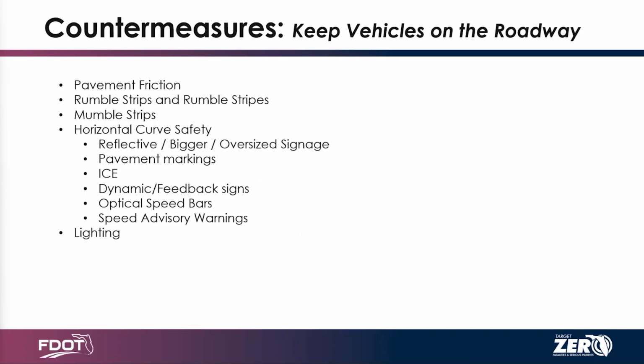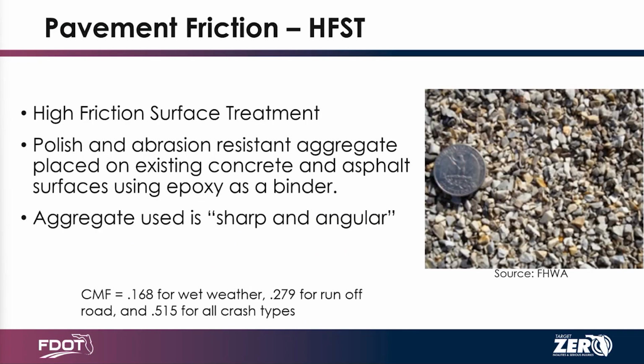So these are all of the ones we'll go into a little bit more detail on, starting off with pavement friction. Pavement friction, or high friction surface treatment, is a polished and abrasion-resistant aggregate which you put on top of existing concrete or asphalt surfaces, and you use an epoxy as a binder.